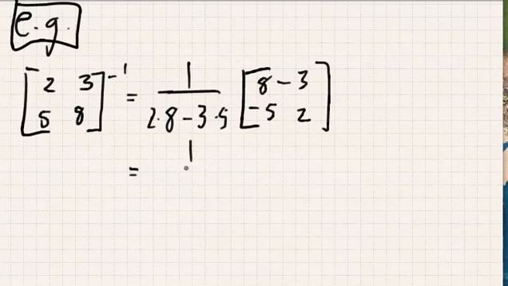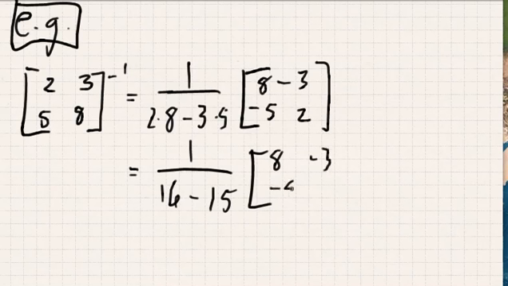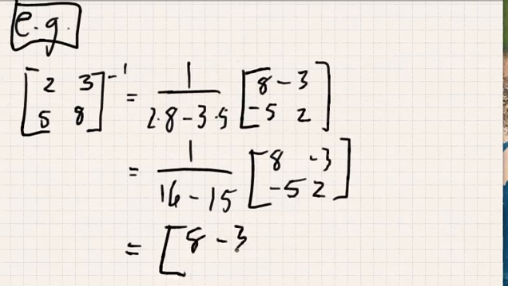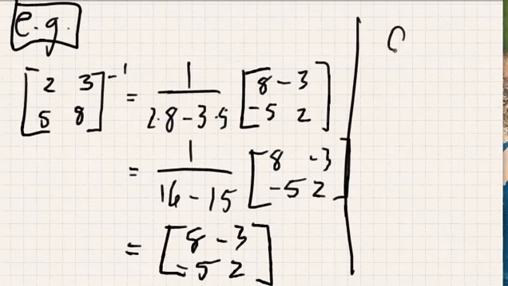And this is equal to 1 over 16 minus 15, times 8, negative 3, negative 5, 2. And this is just 1 over 1, so that's just 1. I get 8, negative 3, negative 5, 2. Okay, well, there we go. And you can go ahead and check that this works out. I encourage you to check that.